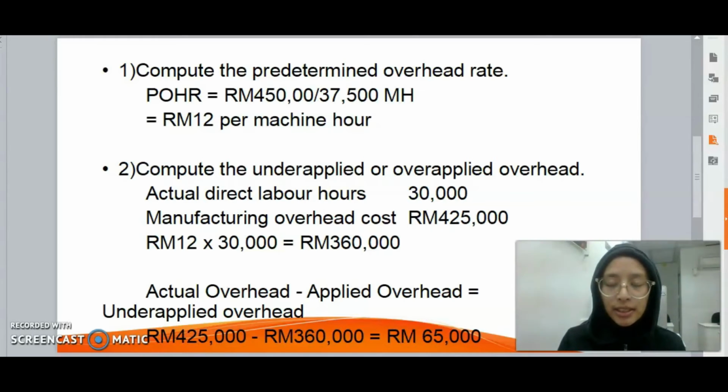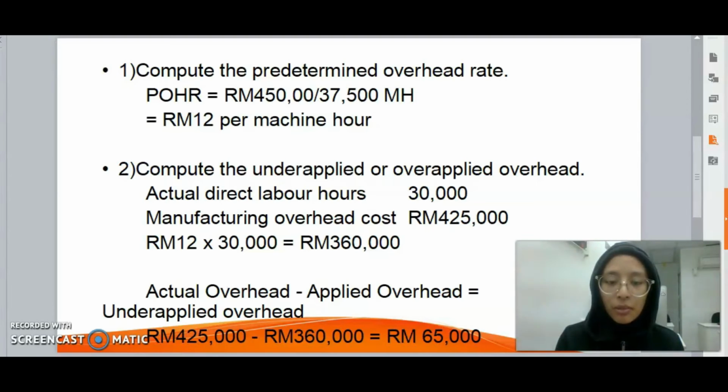And the second one is to compute the underapplied or overapplied overhead. So we take the applied overhead for the year, and we will get 360,000.